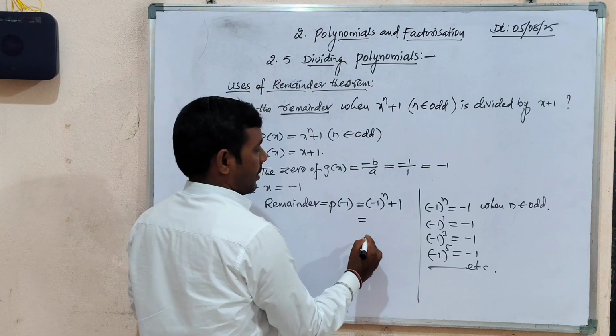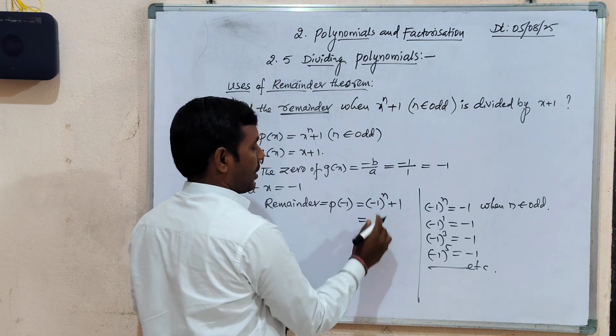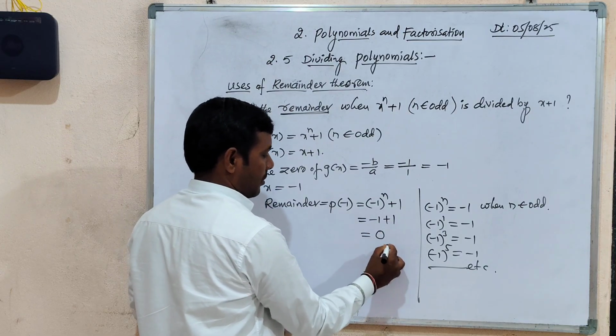So, as already mentioned, minus 1 to the power of n is minus 1, plus 1. Now tell me, both are cancelled, 0.